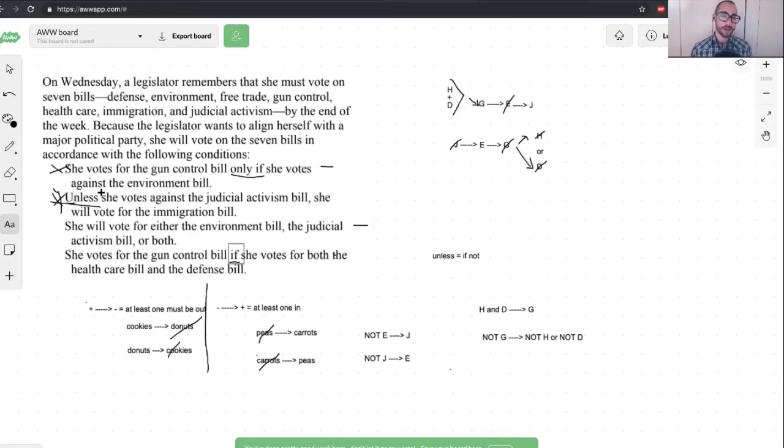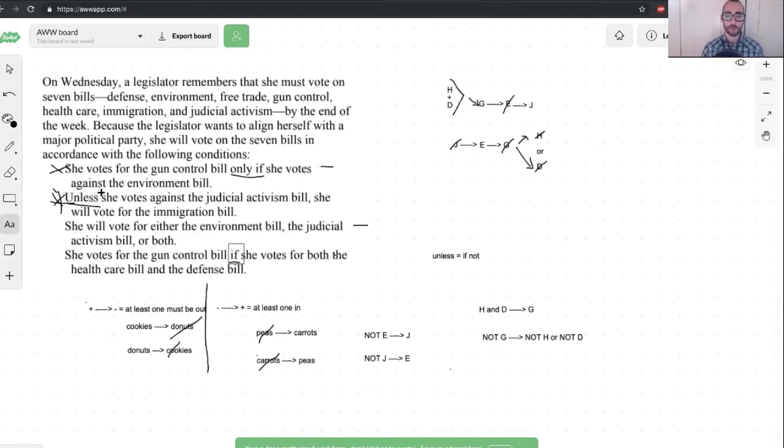against. Now, we know that essentially, in this game at least, she's only voting for or against things. There's no other options. So if she does not vote against judicial activism, then she will vote for immigration.